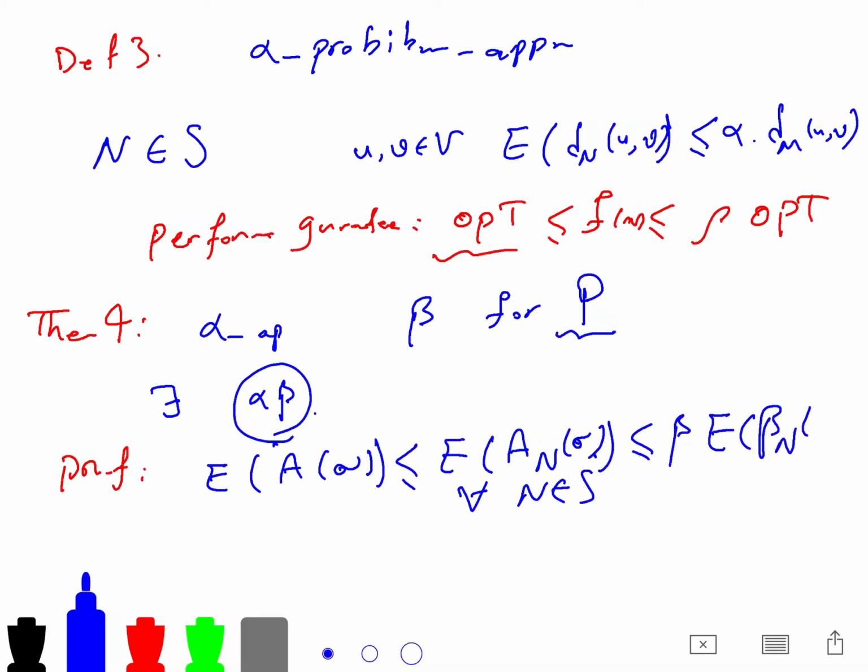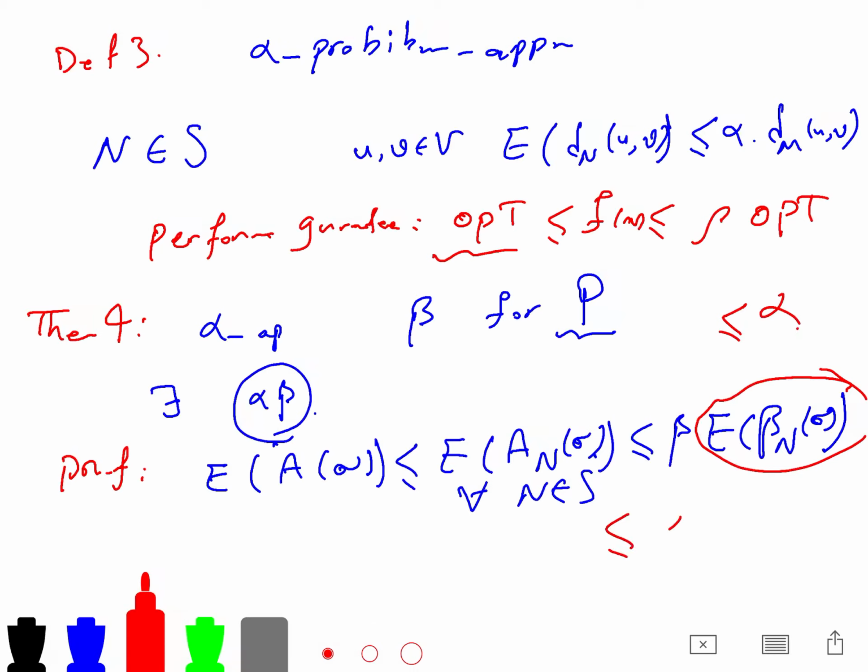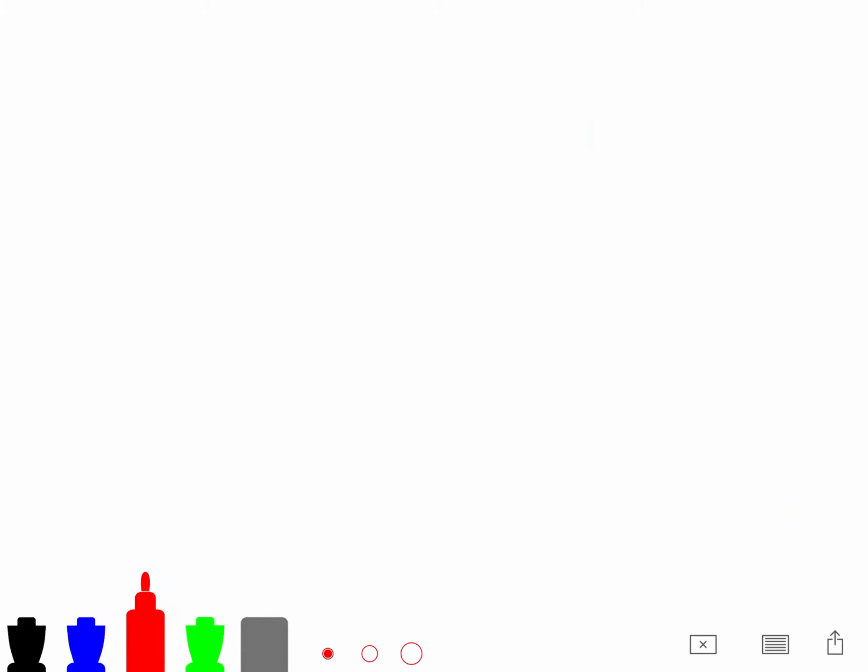But remember that this itself is approximated by alpha. So this becomes less than alpha beta times B(sigma). And the proof is now complete.